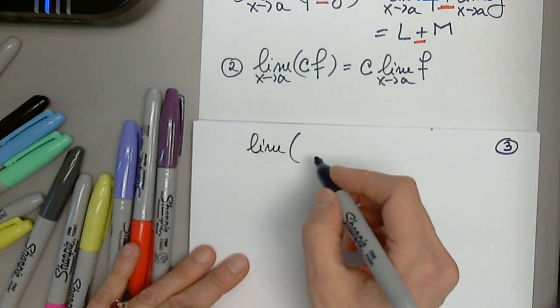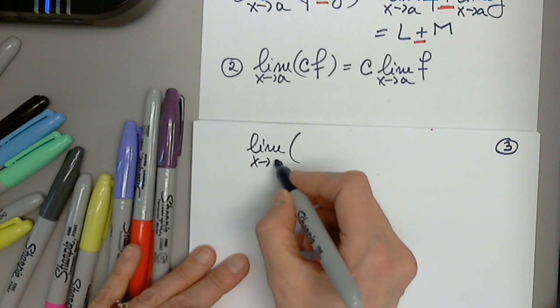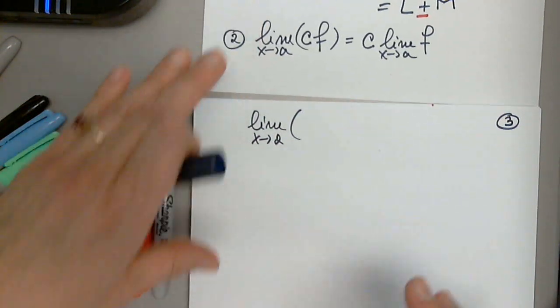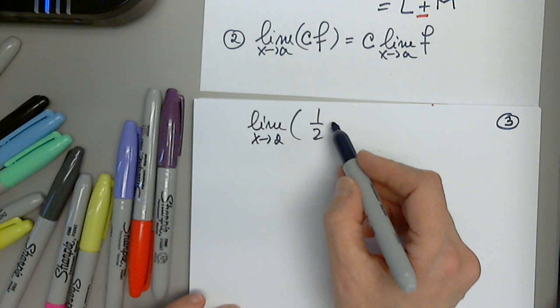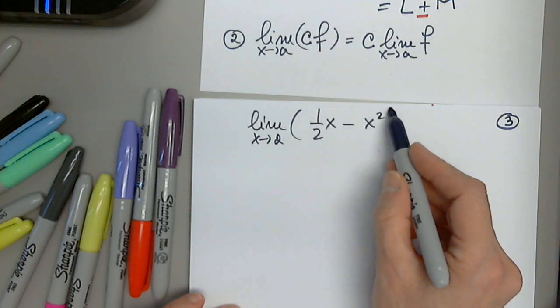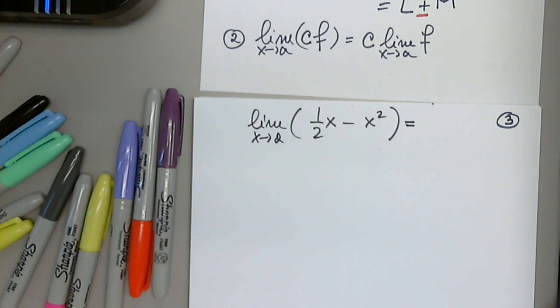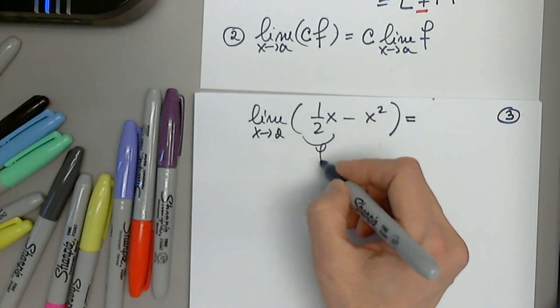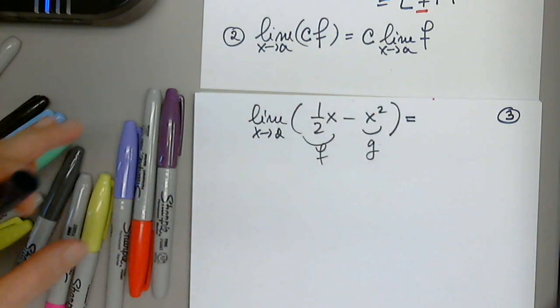So, the limit as x approaches 2 of 1/2 x minus x squared. This is a function f. This is a function g.